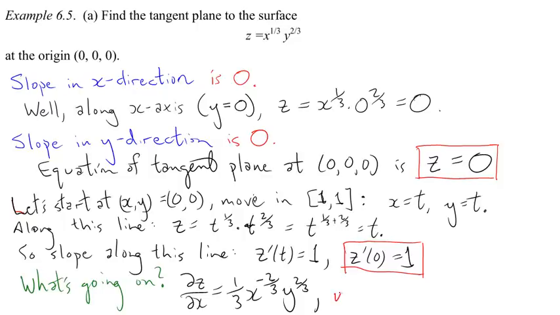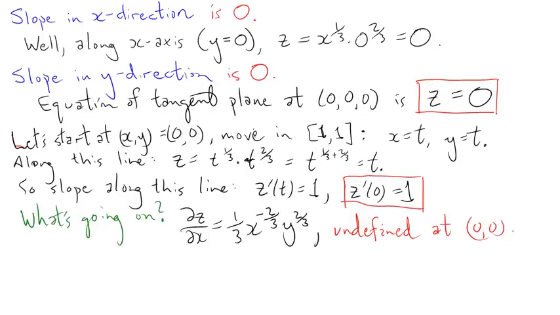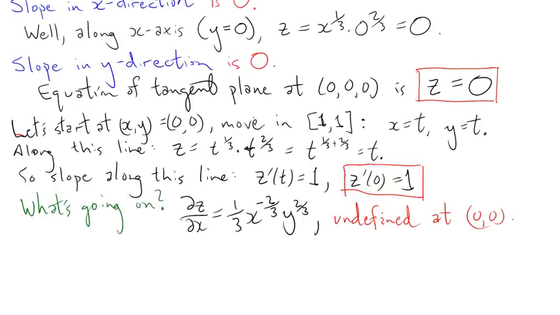This is undefined at 0, 0. In fact, it's undefined whenever x is equal to 0, so in particular at the origin. And that's really the reason behind the wackiness here: the partial derivatives of this function are not defined at the origin. And so we're not allowed to use that formula for the tangent plane that uses the partial derivatives, because the partial derivatives aren't defined.